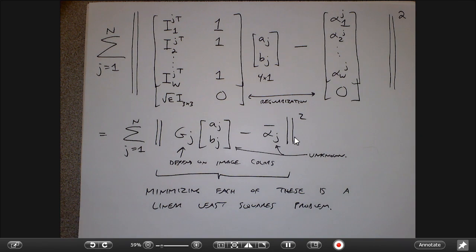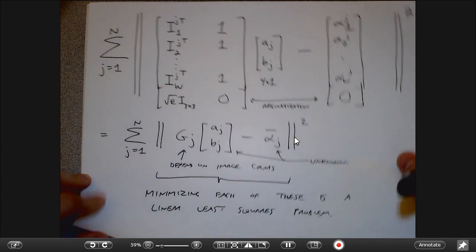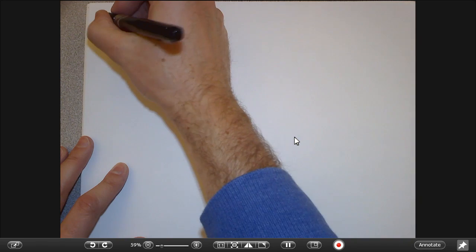So what we really care about is alpha. It's like saying, suppose I told you what this vector was, how would I find A and B to bring those two things as close together as possible? Well, suppose we knew alpha.